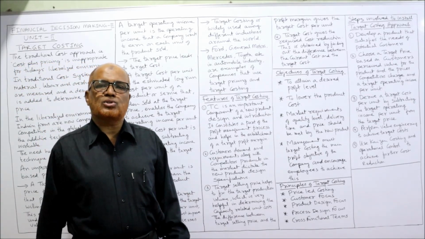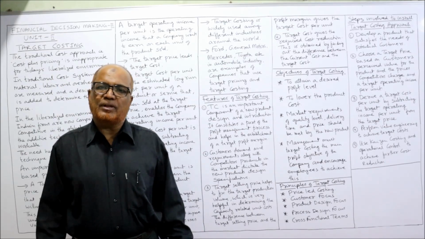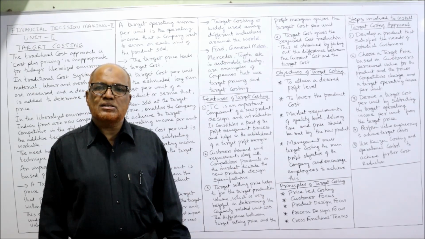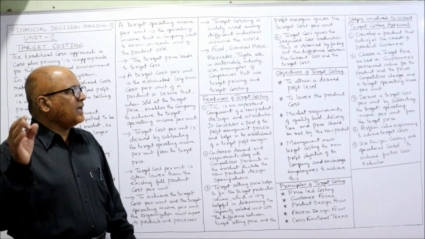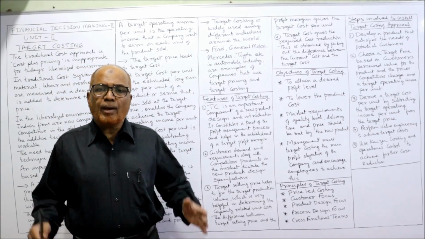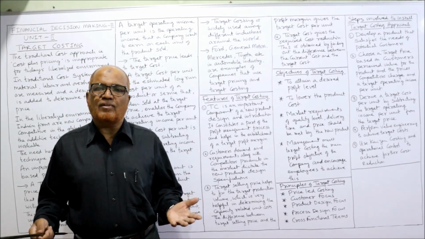Now, objectives of target costing. Why is this target costing applied? Why can we not continue the old traditional additive method? Because there are many advantages of using this target costing. So what are the objectives? First, to attain a desired profit level. See here, profit is the lifeblood of the business. Without profit, no business can survive.